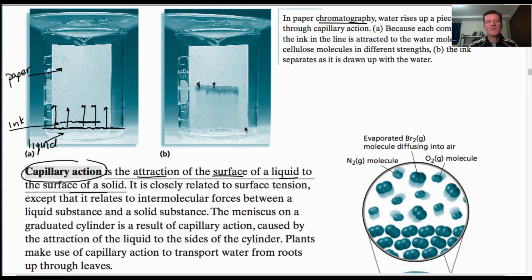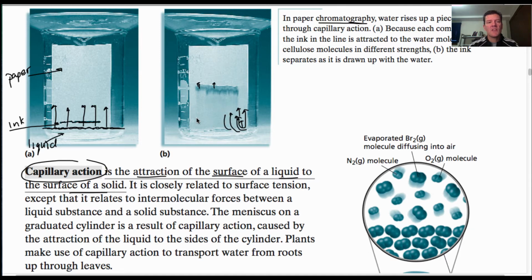Well, what causes the water to go up the paper? Well, the water molecules are going to be attracted to the paper molecules, and as they do, they pull other water molecules with them. And then they move up further because they're attracted to the higher paper molecules, and they pull more water molecules with them.